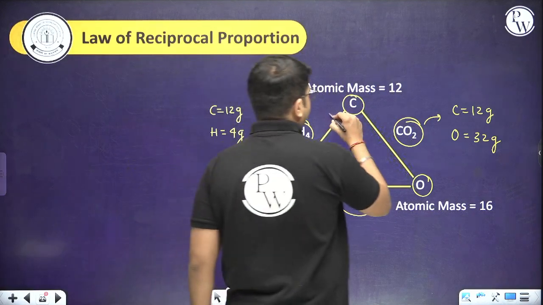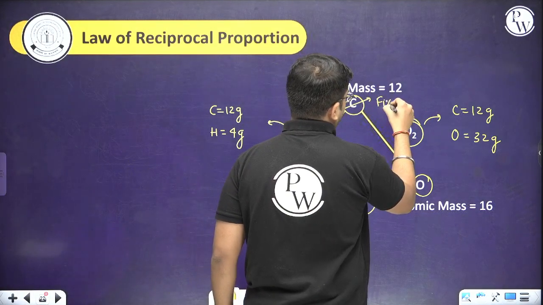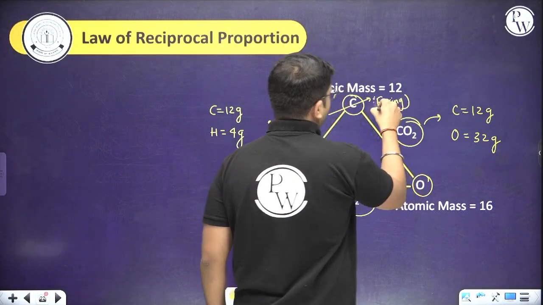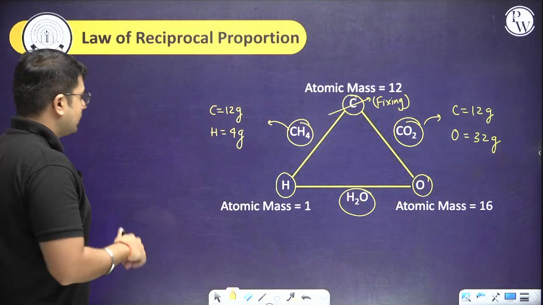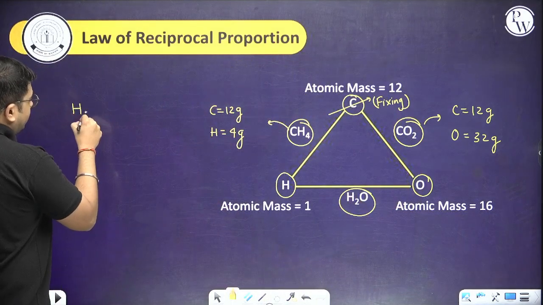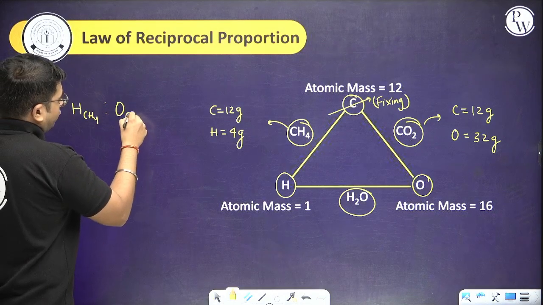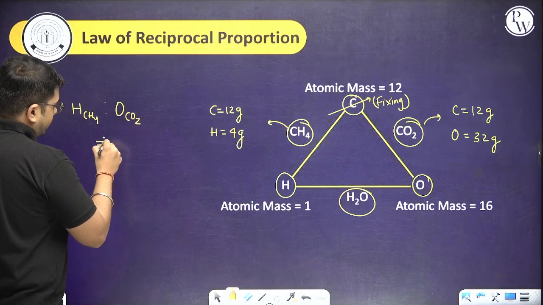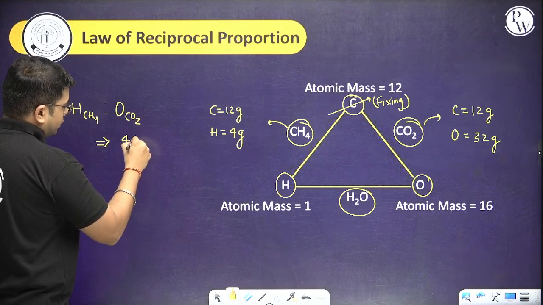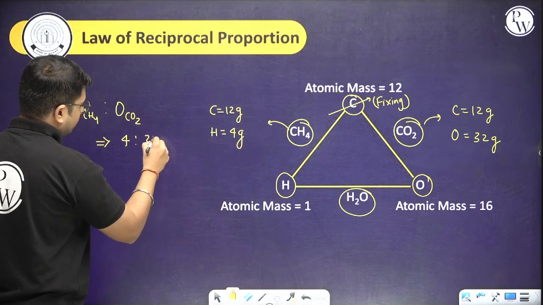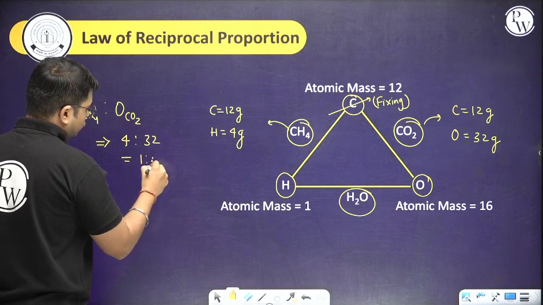So I am fixing this particular part. Now the hydrogen which is coming from CH4 is to oxygen which is coming from CO2. Just look at their ratio. We have 4 is to 32, which is 1 is to 8.